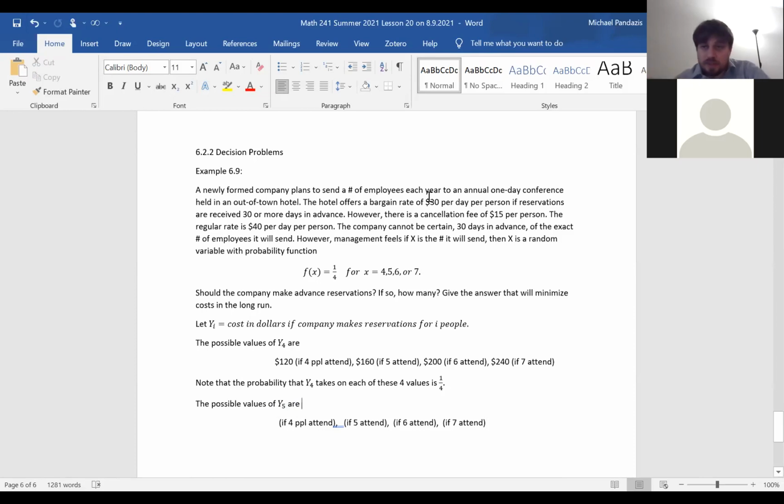So they pay $150 for the tickets, but if only 4 people attend, that means they don't need one of the tickets they paid for. So they have to cancel one of them and pay the fee of $15. They get back the 30, but they have to pay 15. So you subtract 15, and you have $130 if 4 people attend.